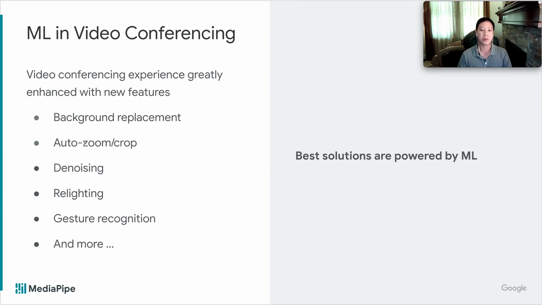There is auto zoom and crop that can be used to make sure the speaker is always front and center. There's denoising that removes the camera noise, which can be quite high with common webcams. There's also relighting that emulates a perfect lighting condition. There's also gesture recognition that can be used to augment user interaction in video conferencing.